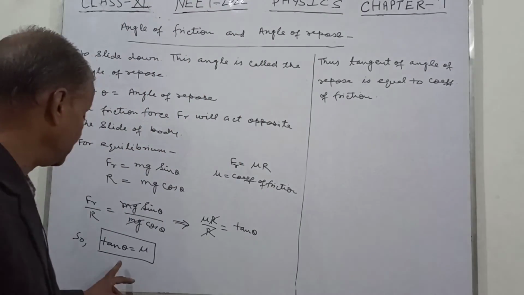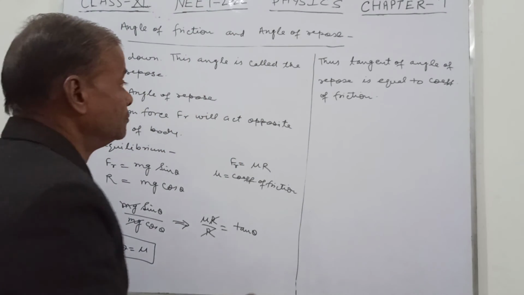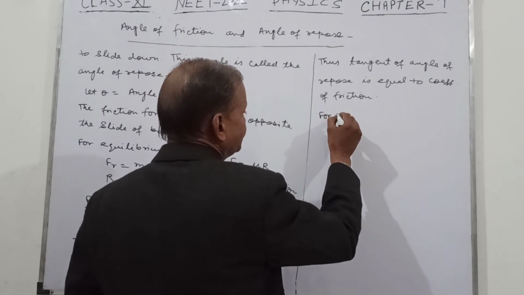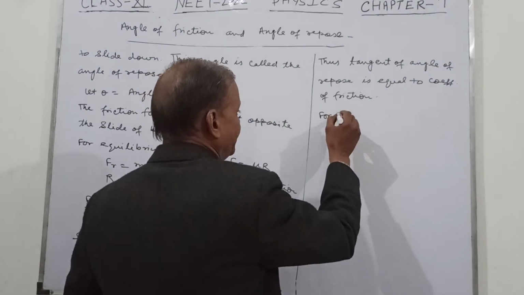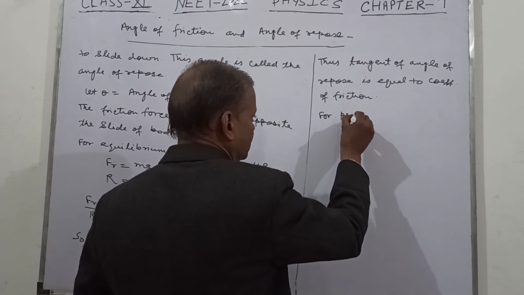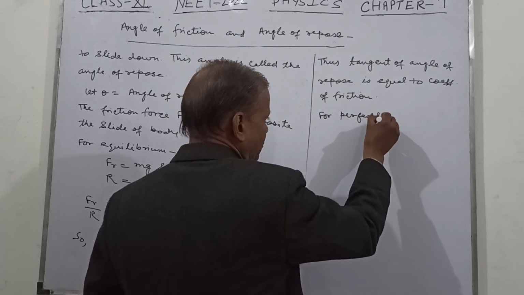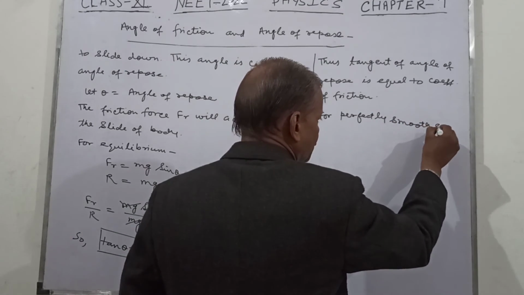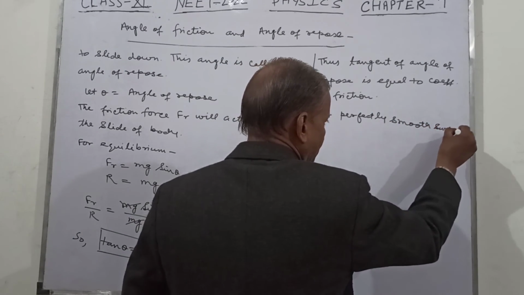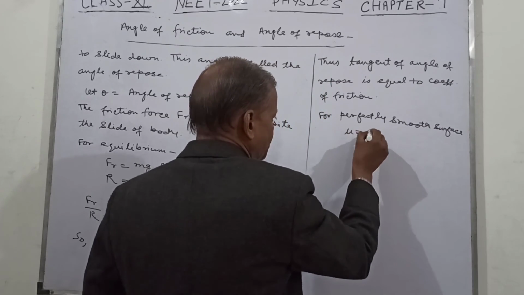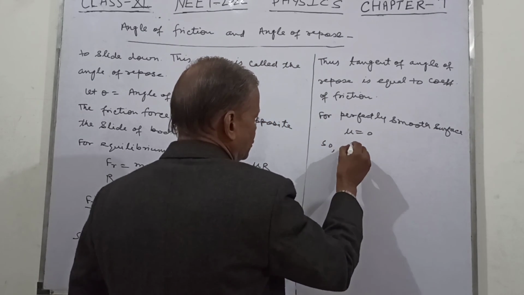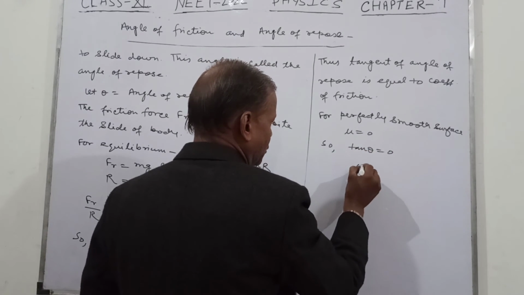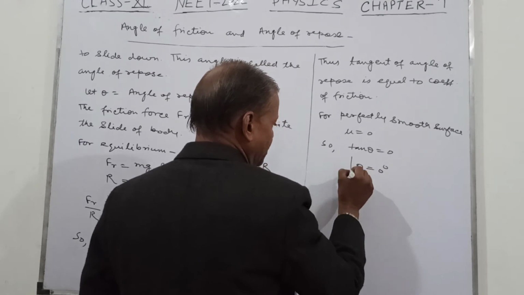So you can have that theta for a perfectly smooth surface, mu is equal to 0. So tan theta equal to 0, or theta equal to 0.